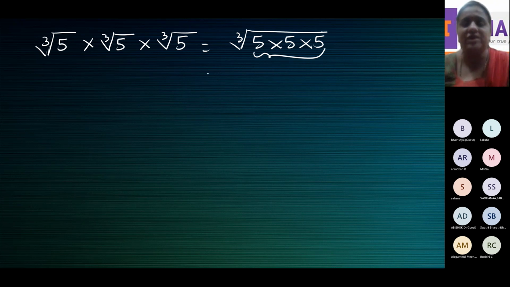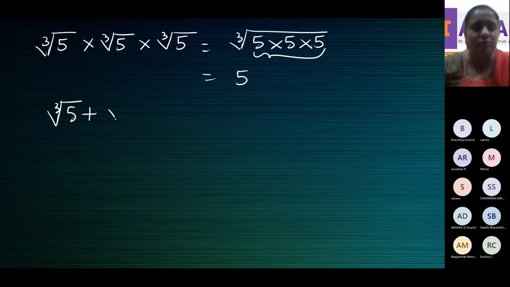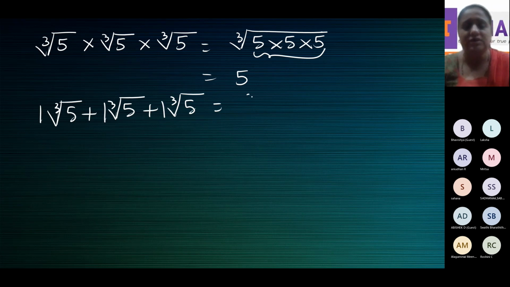From 3 5s, 1 5 will come out of the cube root. So the answer is 5. But if it is cube root of 5 plus cube root of 5 plus cube root of 5, then it is 1 plus 1 plus 1, 3. 3 into cube root of 5.